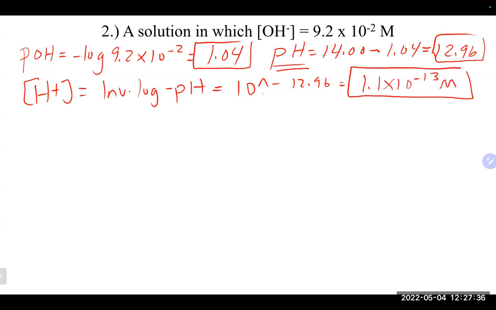And this solution here should be basic as well. pH is above 7. H plus concentration is less than the OH minus concentration. Any question? Yeah.